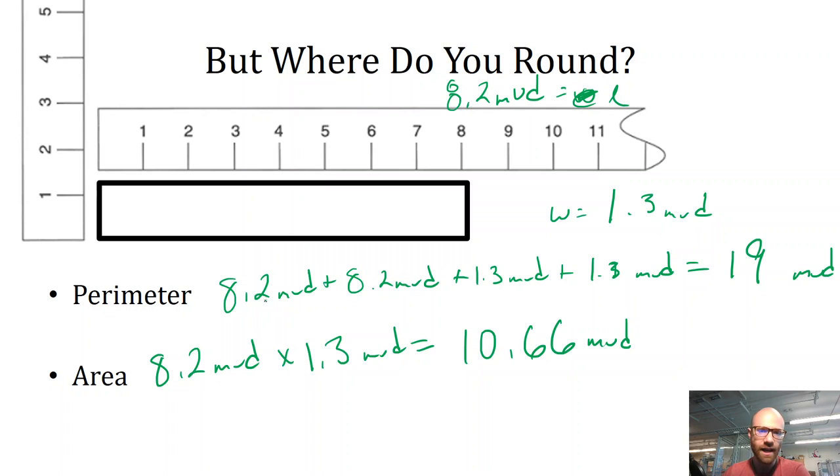So if we say that each of our measurements goes to the 10th place, it would stand to reason that when we do math, that was our uncertain digit. And in fact, you should make sure that that is still the uncertain digit over here. So I'm going to say that it's not 19, but 19.0. This was an interesting case insofar as you actually ended up adding a decimal place instead of removing one.